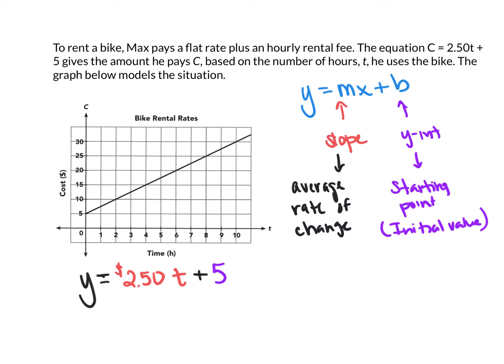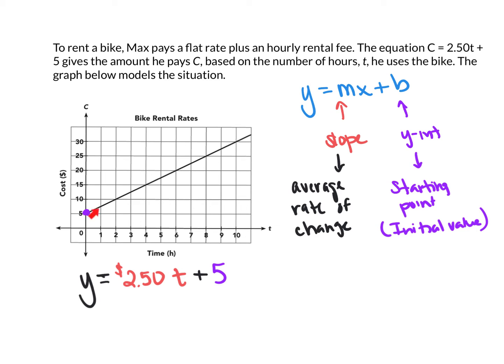So if you look here, notice the y-intercept is sitting at 5. That is his initial value. This is the initial starting point. And then he's paying this constant rate over a period of time, and this constant rate is going to be $2.50. So for every hour that he uses the bike, he pays $2.50 for that particular hour.